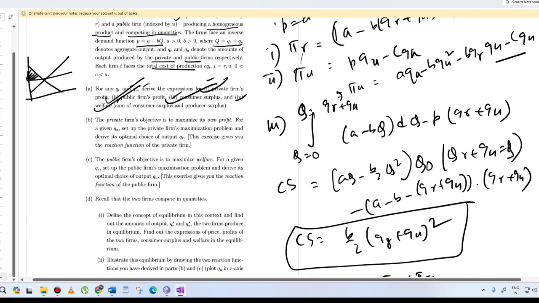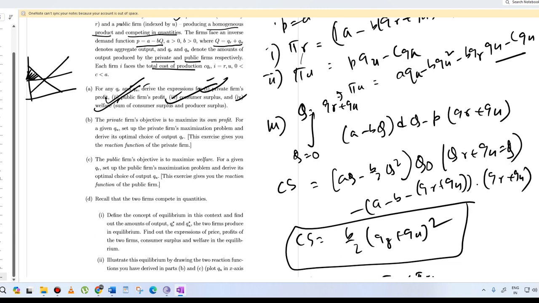Now the next question is the B part. The private firm's objective is to maximize its own profit. For a given QU, set up the private firm's maximization problem and derive the optimal choice of QR.